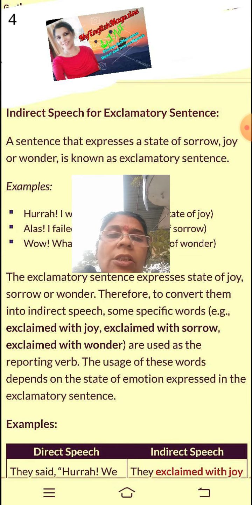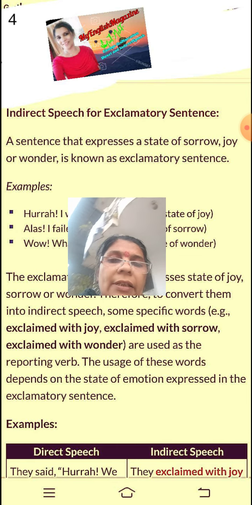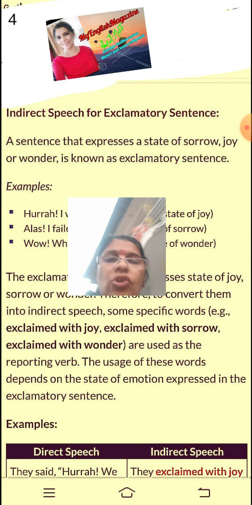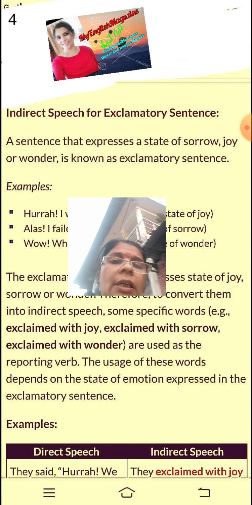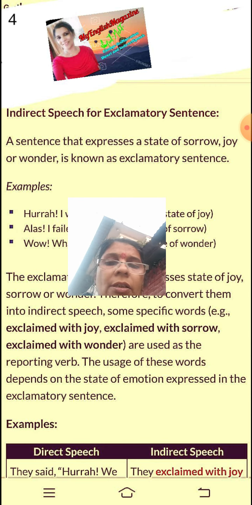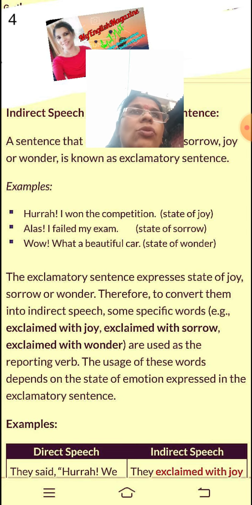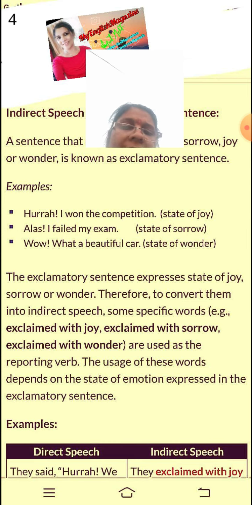Indirect speech for exclamatory sentence. A sentence that expresses a state of sorrow, joy, or wonder is known as an exclamatory sentence. Hurrah! I won the competition. State of joy. Alas, I failed my exam. State of sorrow. Wow! What a beautiful car. State of wonder.